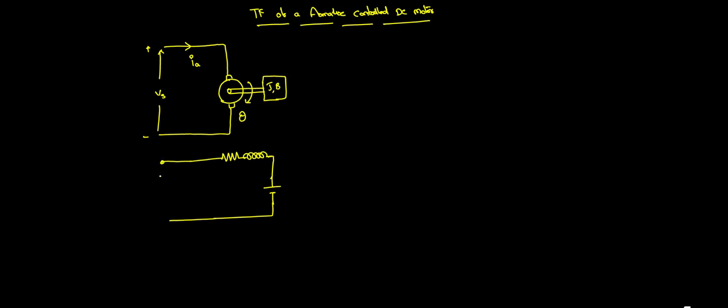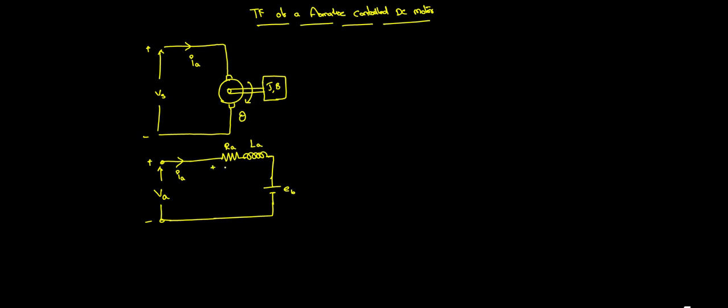Here the DC supply that you are giving, plus and minus, you can take as the armature voltage VA. The current passing through, you can take as the armature current IA. The resistance here I am calling the armature resistance RA, the inductance the armature inductance LA, and the back EMF I am denoting as EB.